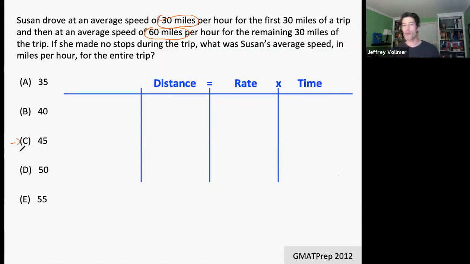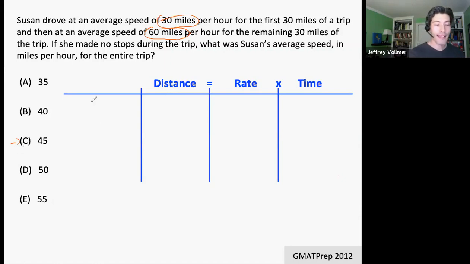Instead, maybe you got on the highway and went 60 miles an hour for a second and then hit traffic and had to go 30 miles an hour the rest of the way. Now your average speed is closer to the slower end because you spent a lot more time going at that slower speed. I did a weighted average in one of these prep hours a couple months ago. It might be worth checking out if that's confusing at all.